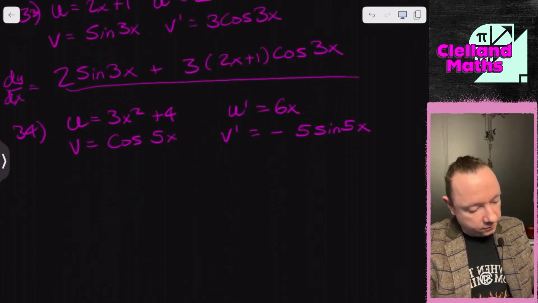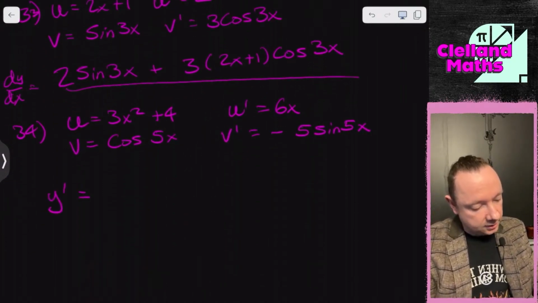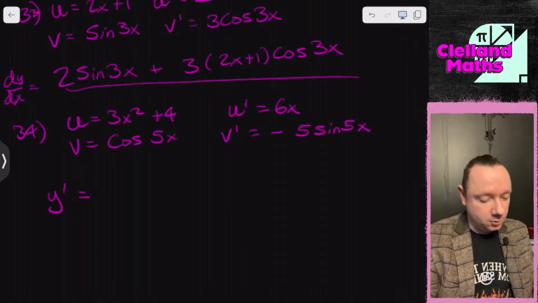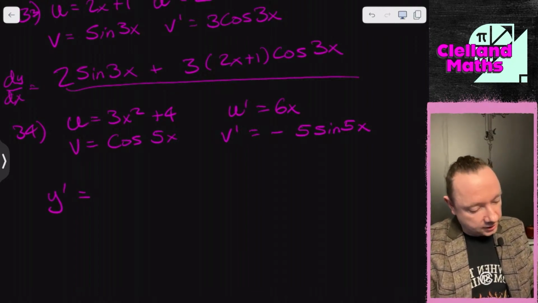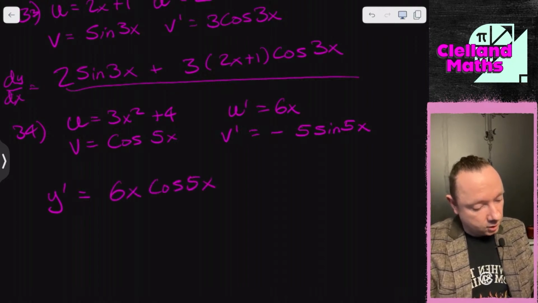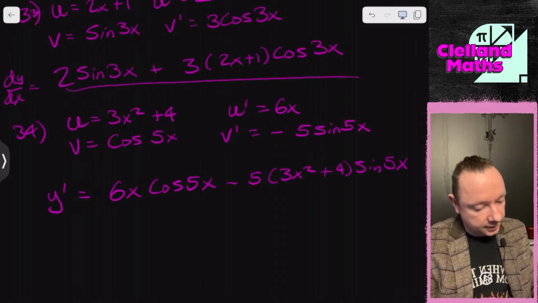Right, so vu dash, I can't be bothered writing dy by dx every time, so we'll use Lagrange notation. Right, vu dash: 6x cos 5x, plus uv dash, well, minus 5 times 3x squared plus 4 times sine 5x. Done there.